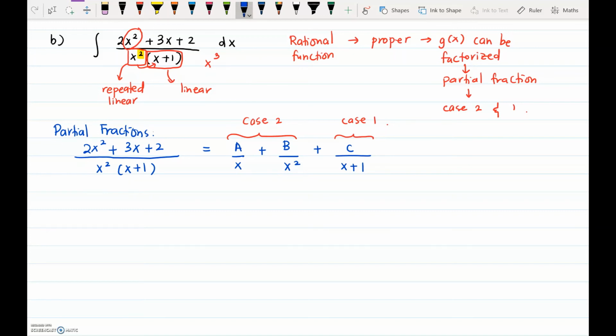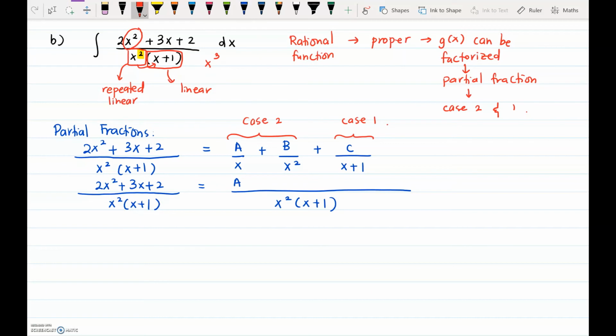Alright, next let's continue. We will write the equality with the denominator, so we have x squared times (x plus 1) on the left, with 2x squared plus 3x plus 2 as the numerator. On the right side, we have the same denominator as the left hand side, x squared times (x plus 1). What about the numerator?